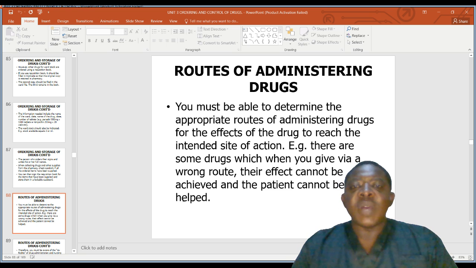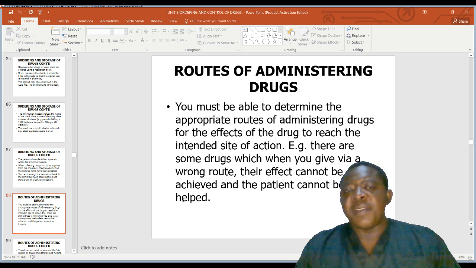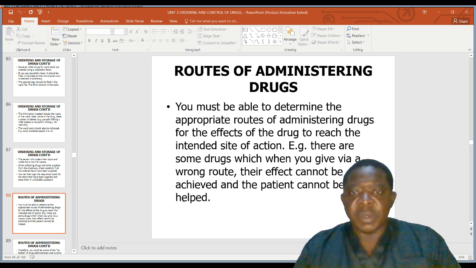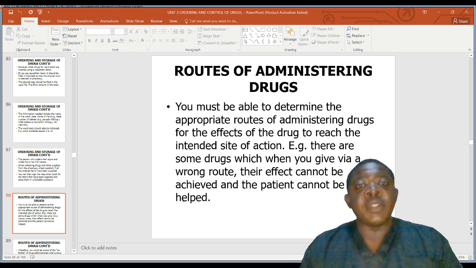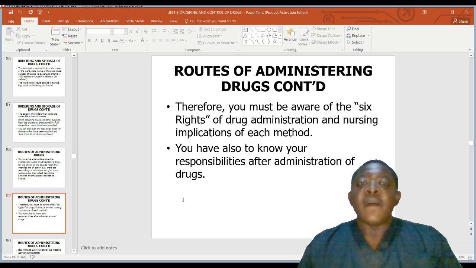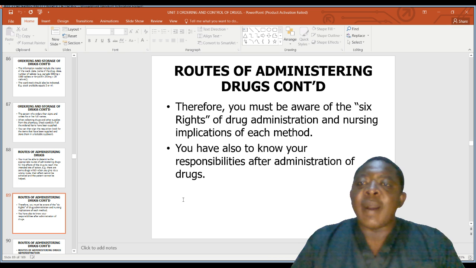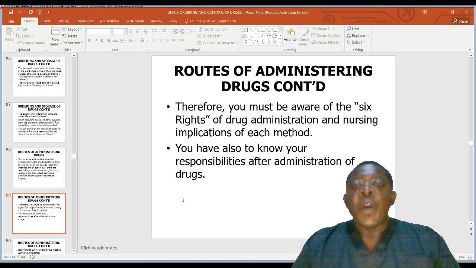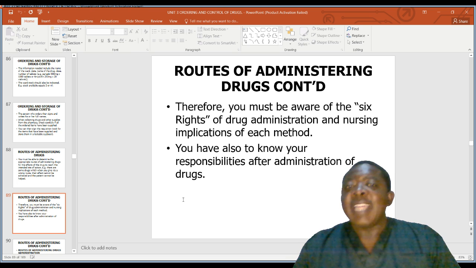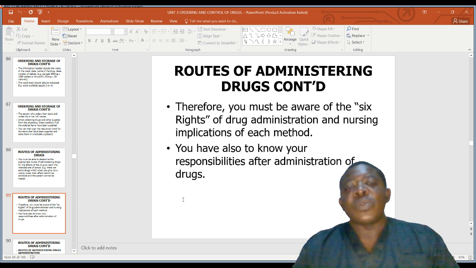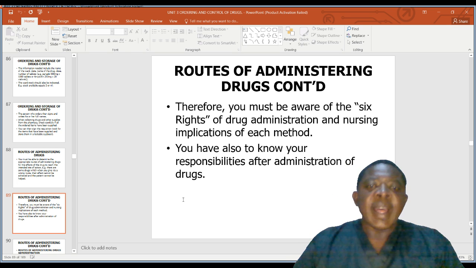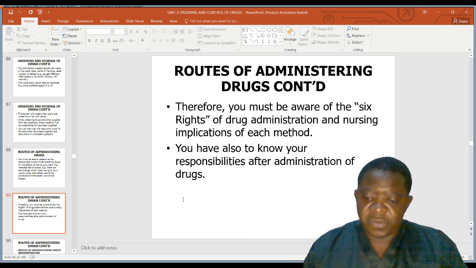There are some drugs which, when you give via a wrong route, their effect cannot be achieved, and they cannot even help the patient or can even cause the patient to die. Okay, therefore, you must be aware of the six rights of drug administration and the nursing implication of each method. You also have to know your responsibility after administration of drugs.